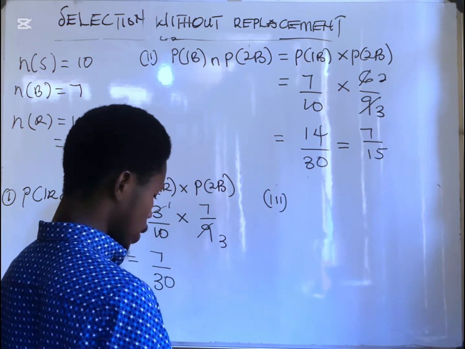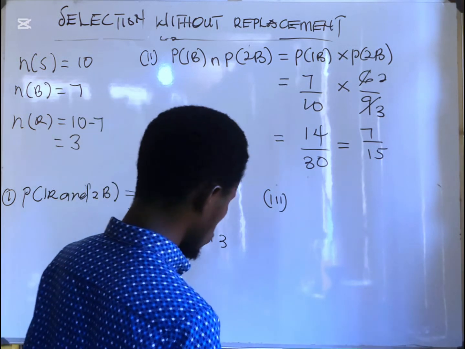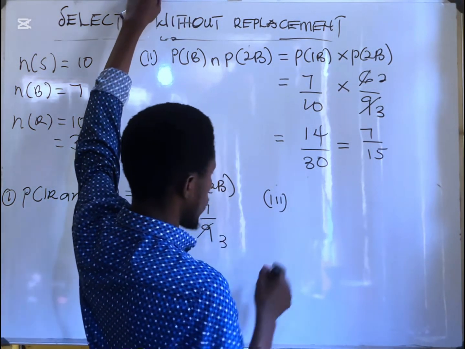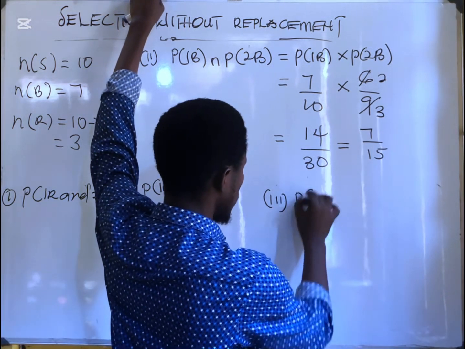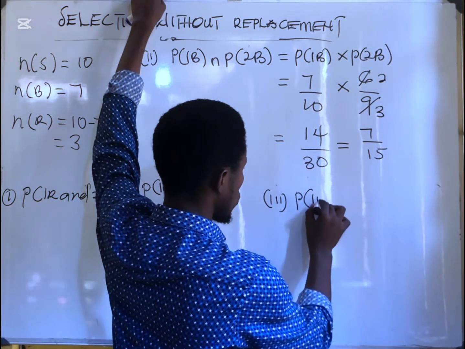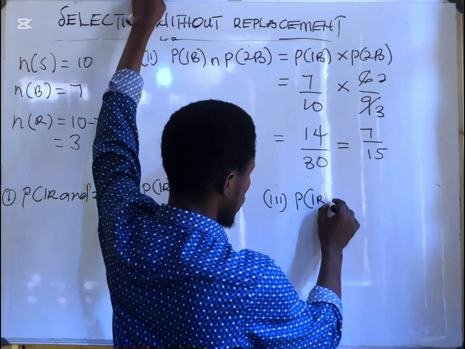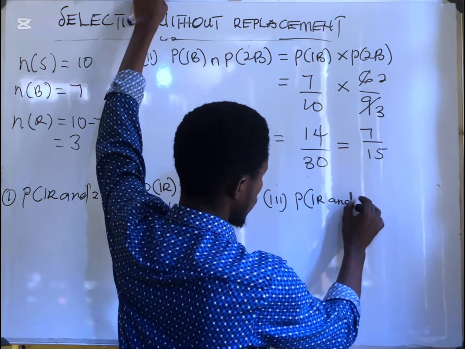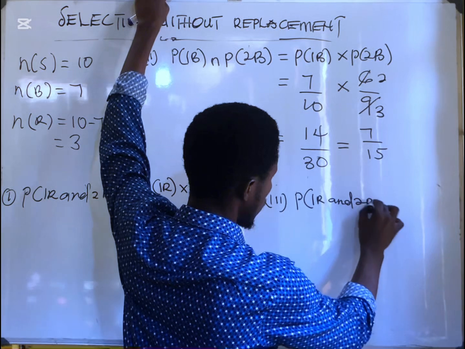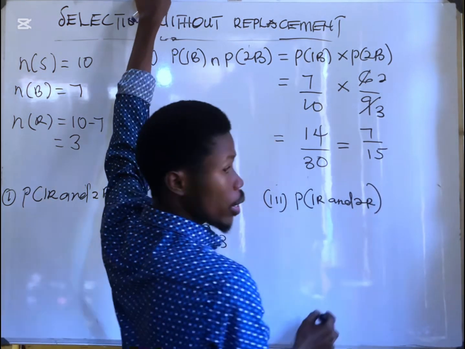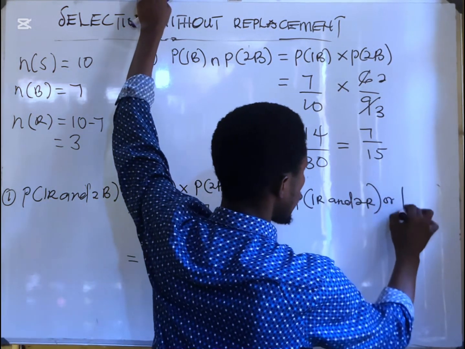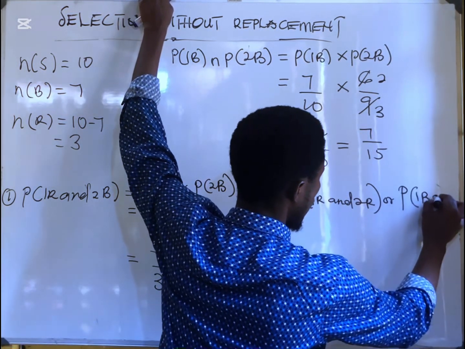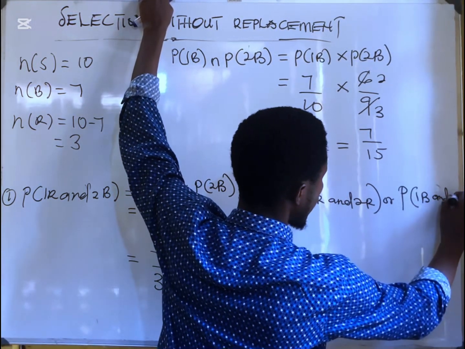Then the last one: 2 marbles of the same color. That one is a nice one. What they are trying to say is that, let's say when you pick, the first one was red and the second one too was red, or when you picked again it was black and black.